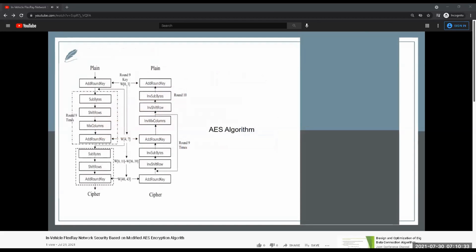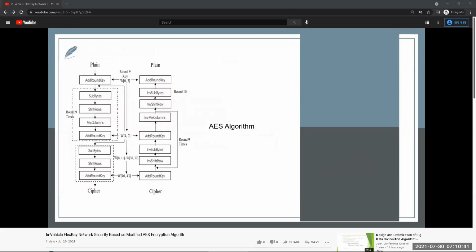And the third part is the AES algorithm. In this paper, the picture we can see is the process of AES encryption and decryption. Each step of the decryption algorithm corresponds to the reverse operation of the encryption algorithm.